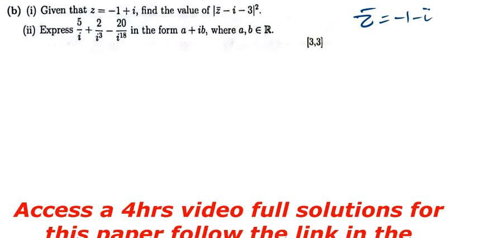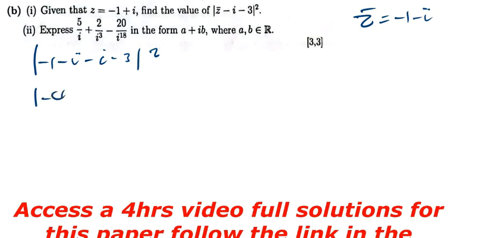Okay, so we have the square root of, I'll put negative 1 minus i, then again minus i minus 3, i squared. So I'll have now these two will give me negative 4, right? Negative 1 minus 3 is negative 4.